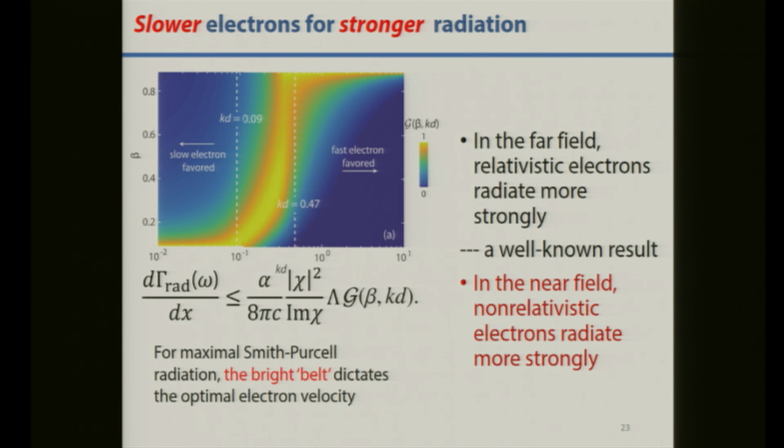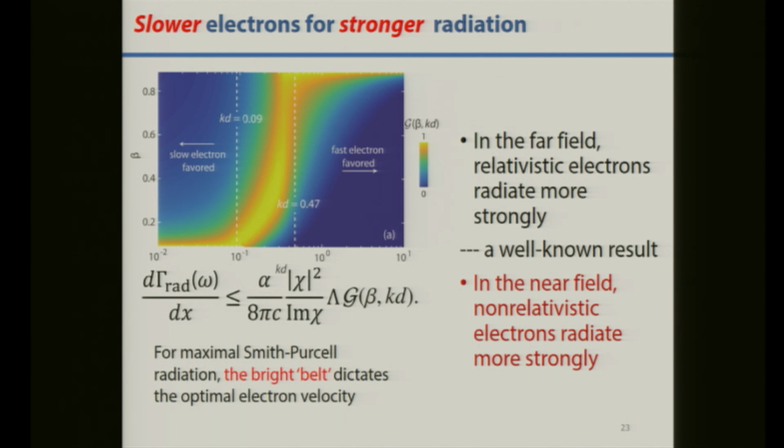So if you're in this regime, meaning that your electron is very far away from the structure, the conclusion is that you should take very relativistic electrons and let them interact with the structure. But if the separation gets smaller and smaller, you're in a regime where intermediate velocity electrons are better. But if you're in the near field, actually the non-relativistic electrons are optimal. So that's an interesting finding based on this formula.